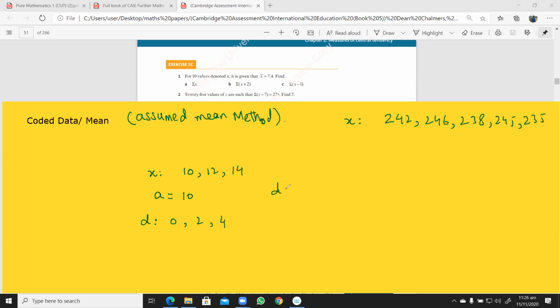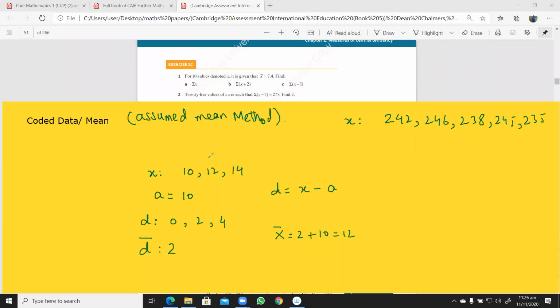So we have used a formula that these deviations are x minus a. You can easily find the mean of these new values. You know that 0 plus 2 plus 4 is 6. 6 over 3 is going to be 2. So the new mean is 2. The actual mean would be 2 plus 10, which is 12. Look at this. What is the mean of 10, 12, and 14?